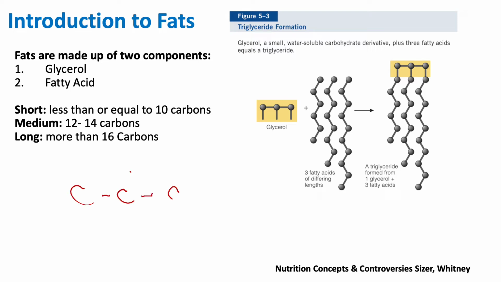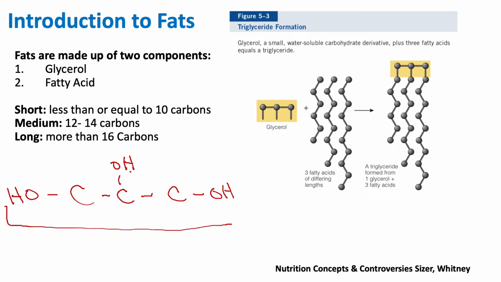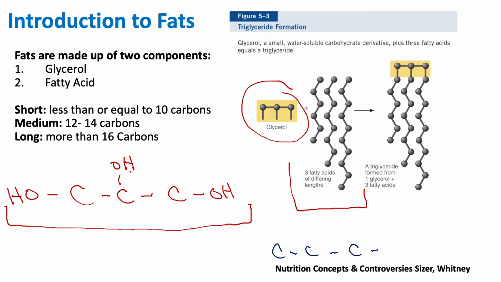So glycerol is a 3-carbon molecule, but it has an OH on each carbon. So this is the structure of glycerol, and we see that right over here. And the fatty acid is just long carbon hydrogen chains. So we would see carbon, carbon, carbon, carbon, and each carbon has hydrogens bound.